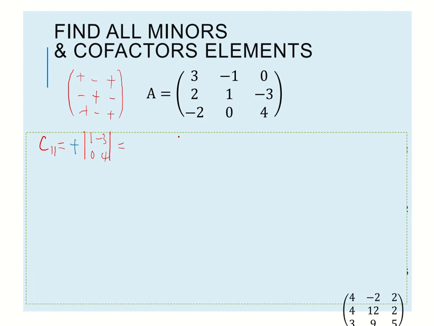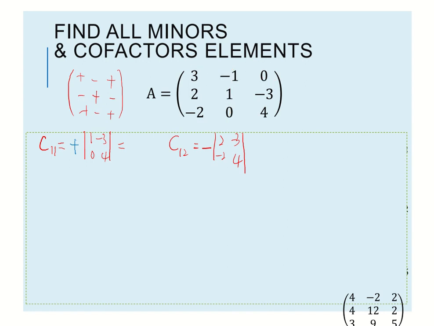So we can proceed to the cofactor C12. Delete the row and the column, and we have 2, negative 3, negative 2, 4. Then the sign is negative.